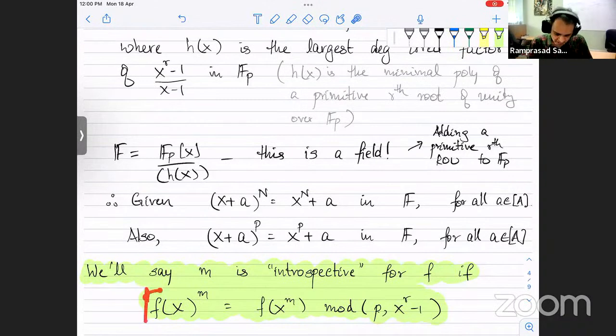So in particular, if this were true, then f of x to the m will also be equal over the field. Because it's certainly true modulo p and x to the r minus 1, therefore it will be true modulo p and h of x as well. Okay, this is just a definition.